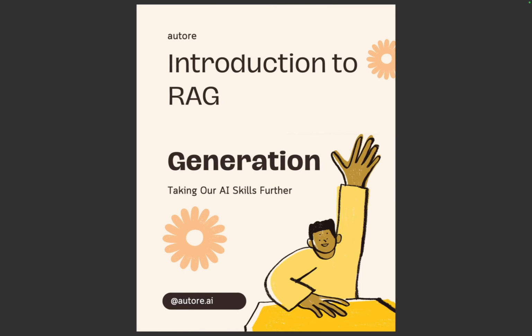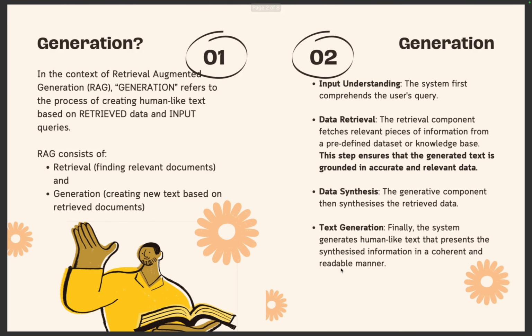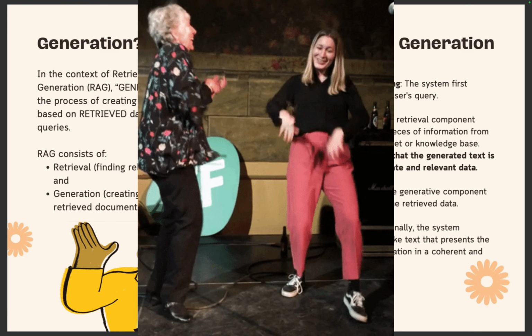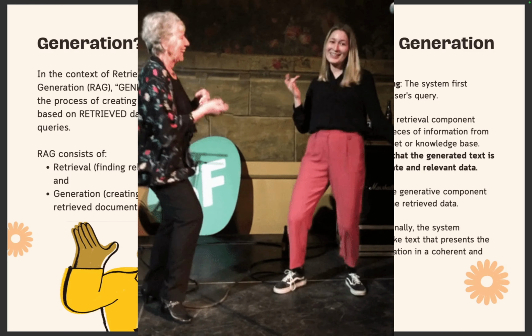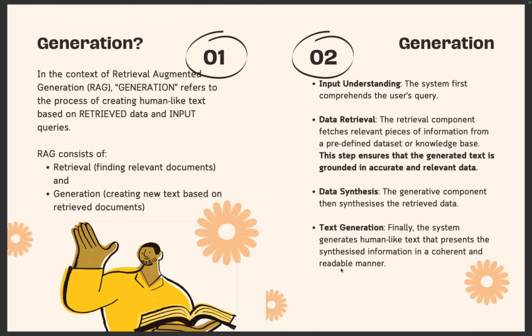Generation is the end section of the RAG sequence of flows. What generation generally does is ensure that the information retrieved at the retrieval stage is presented to the person querying that information in a natural language format, so in a format that's easy to understand.